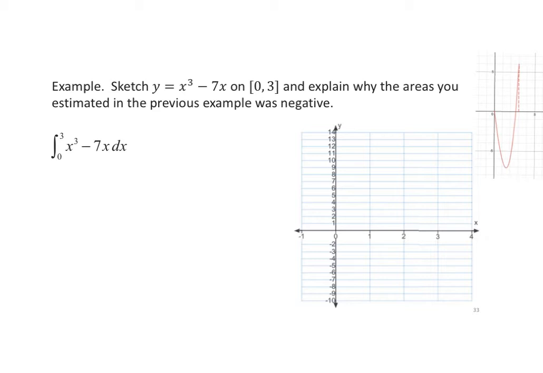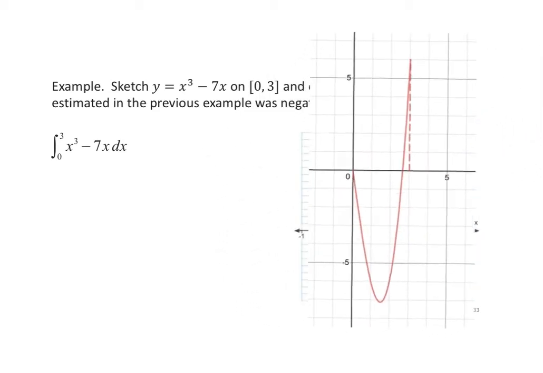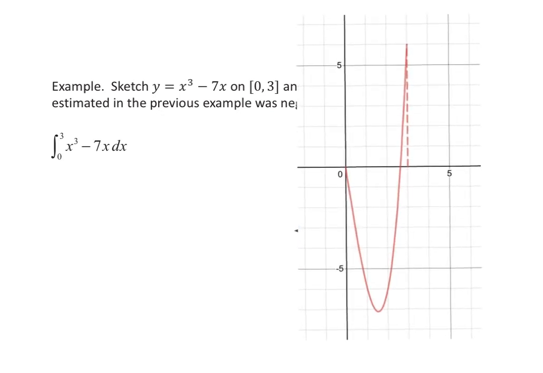So now the question is, why were we getting negative estimates for our answer? Well, it's very similar to the previous function we looked at. If we graph this function, we're going to get a tiny sliver of positive area here above the x-axis and a large bunch of negative area.